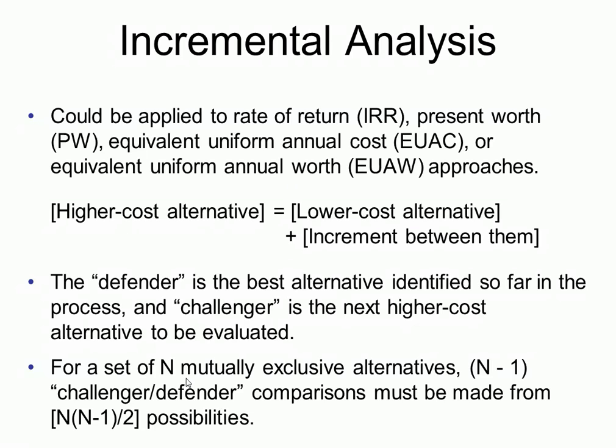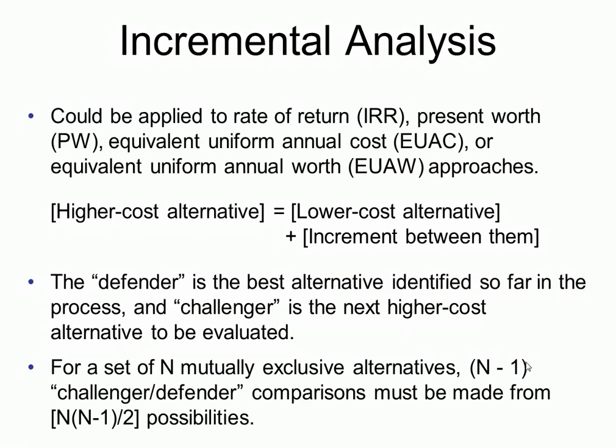In all of those contexts, we're going to look at a set of n mutually exclusive alternatives, and we will rank these alternatives in terms of their initial cost, and then we'll get n-1 challenger and defender comparisons, made from the possibility of n choose 2, or n multiplied by n minus 1 over 2 possibilities.